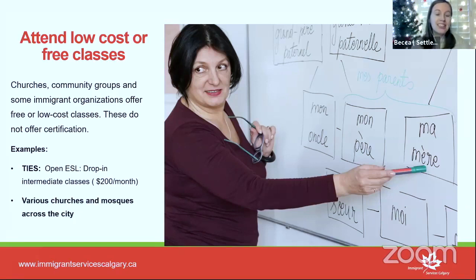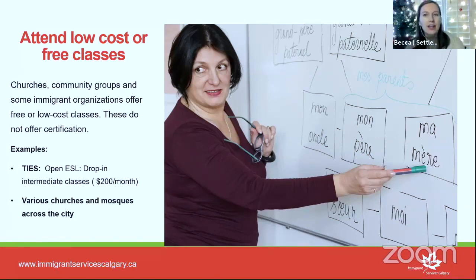Some examples are TIES, which is an organization. I believe it's teaching, I don't remember the acronym now. It's the Immigration Education Society. What is the T for, though? The... Teaching? The... Okay. So they actually have ESL classes for anyone, and they're drop-in intermediate classes, and they're $200 a month.